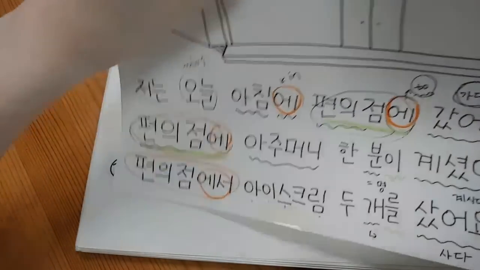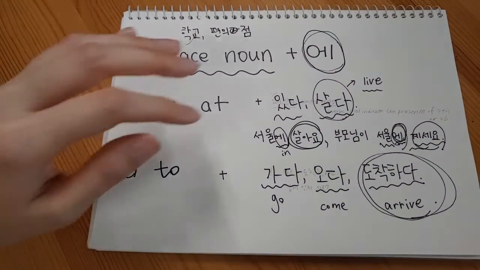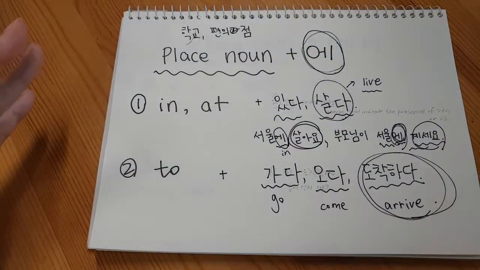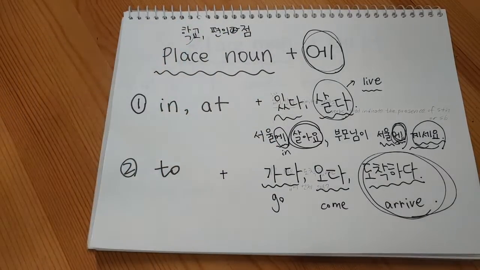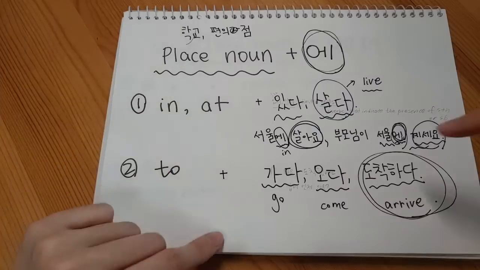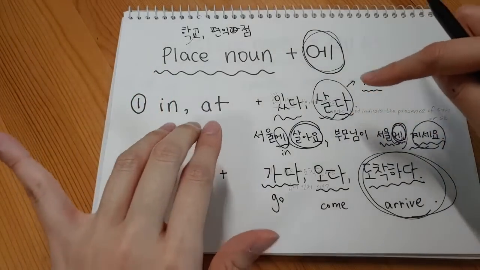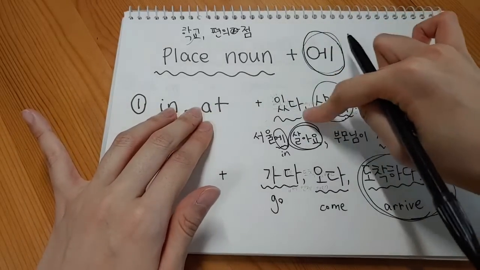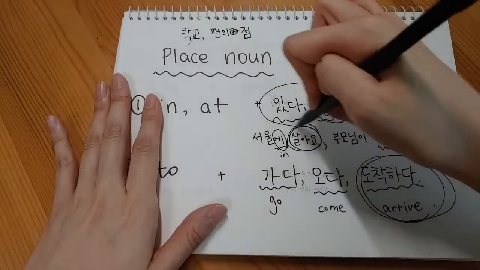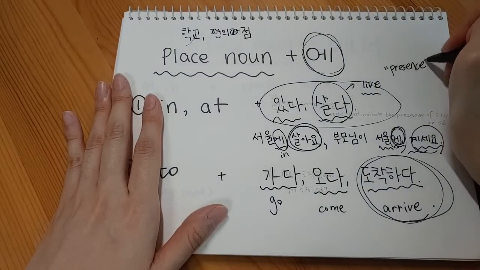I went to the convenience store. So that's how 에 is used. It's placed after a place noun to mean in or at or to. But there are a limited number of verbs that can be used to mean in or at with 에, usually 있다 or 살다, the verbs that indicate the presence, right? Presence of a noun.